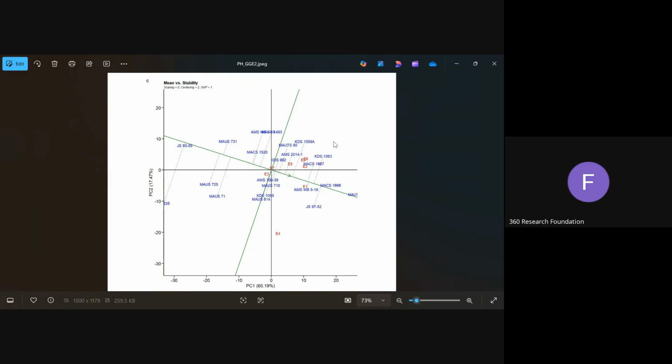Whatever genotypes are in the direction of the arrow and axis, all those genotypes are reflecting superior mean performance.